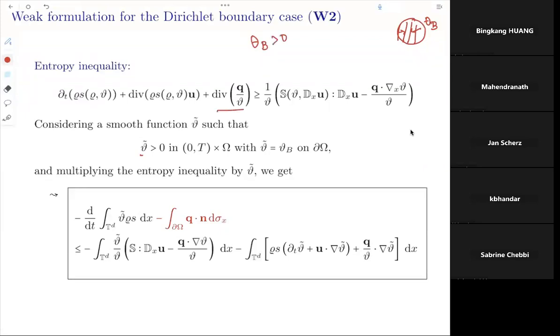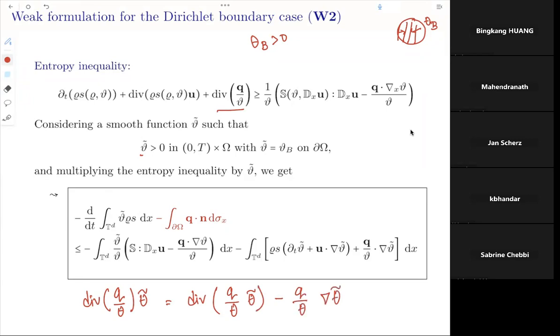So what happened? Just let's see this term. We are multiplying this quantity, divergence of Q over theta, times this function theta tilde. We can write it as divergence of Q theta tilde over theta minus Q over theta times gradient of theta tilde.